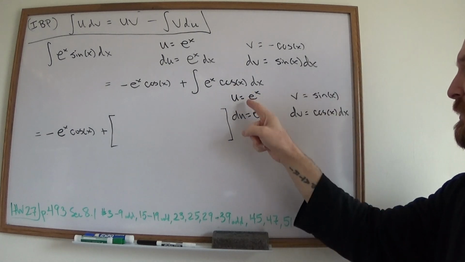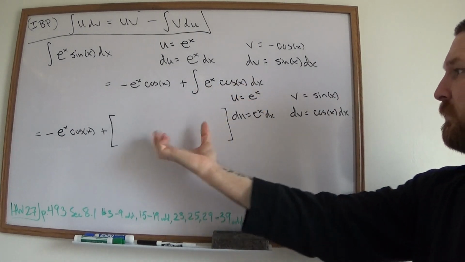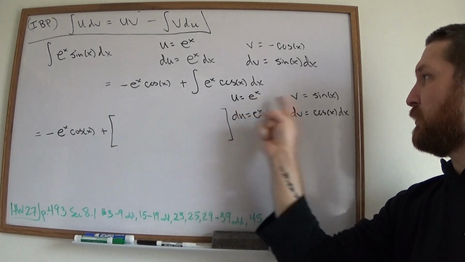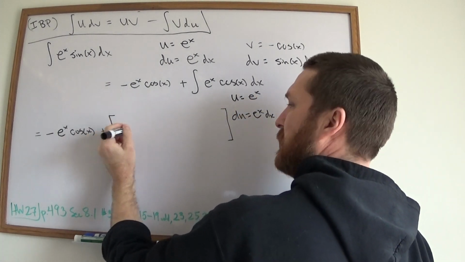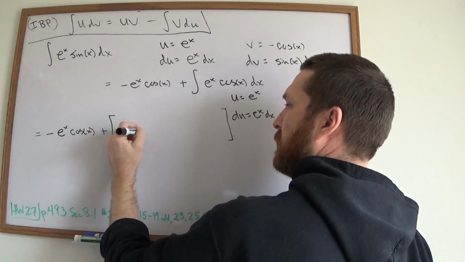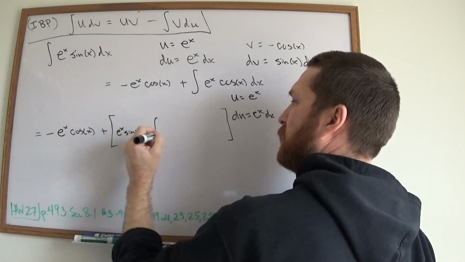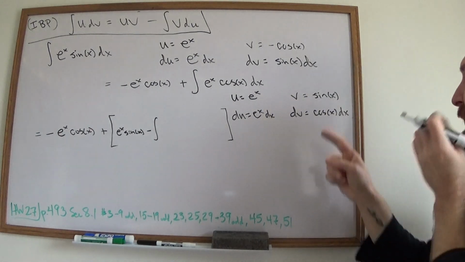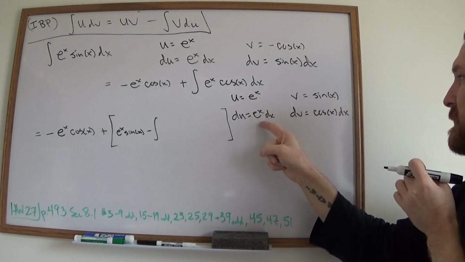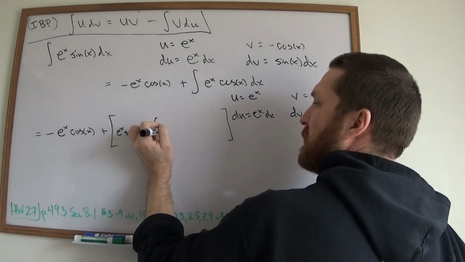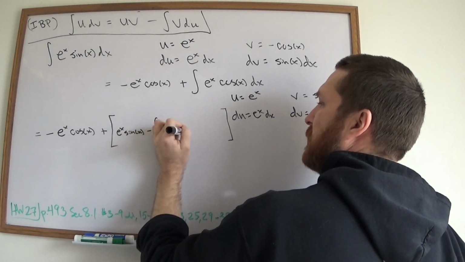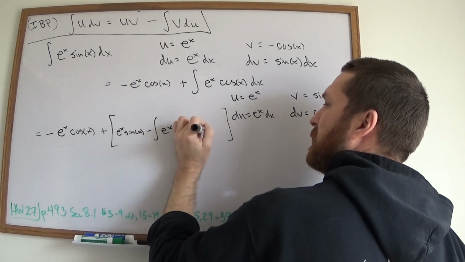So now, this integral right here is going to be uv, so e to the x sine x minus the integral of v du. So that times that. So I'm going to write that as e to the x sine x dx.